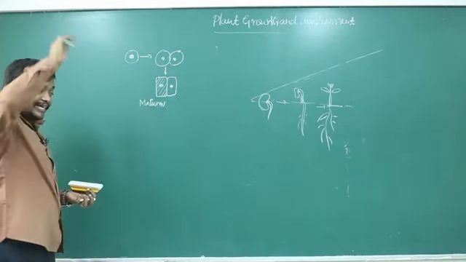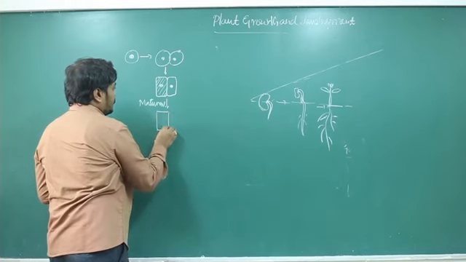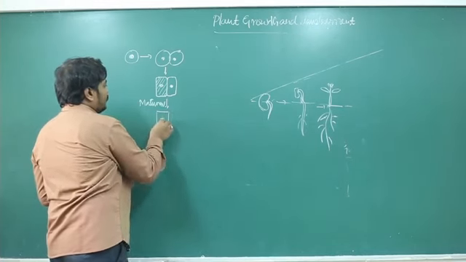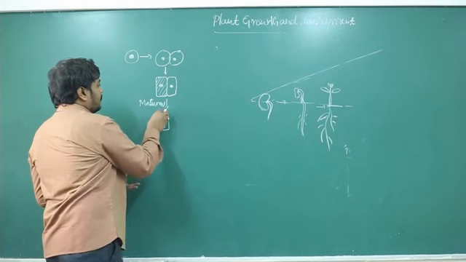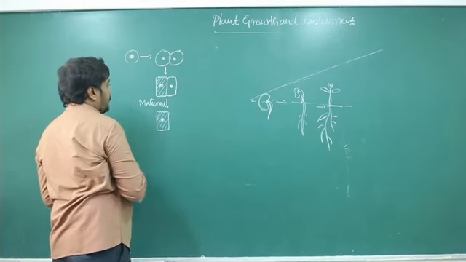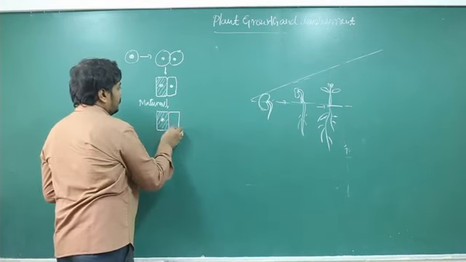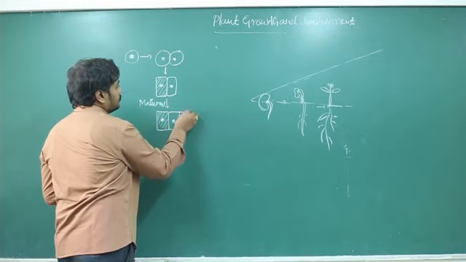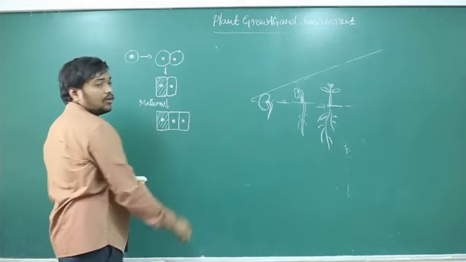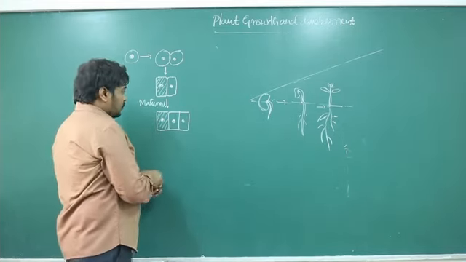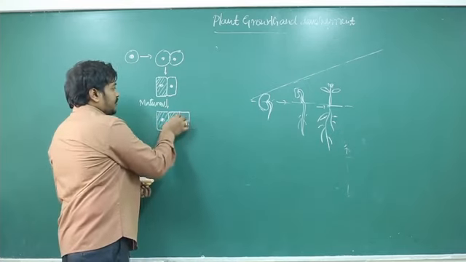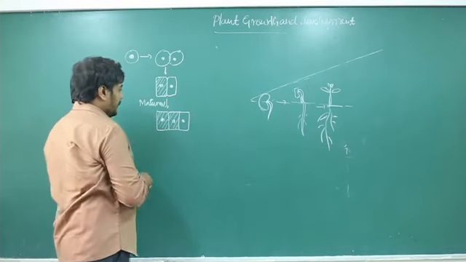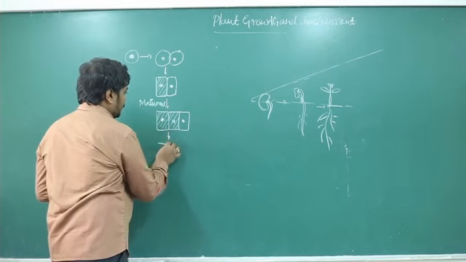So it goes like this. One of the cells retains the ability to divide, another cell undergoes maturation or differentiation. So this cell undergoes division again. Okay, so again among the two daughter cells, one of the cells gets differentiated, so the other retains the ability of division again. So this process continues.